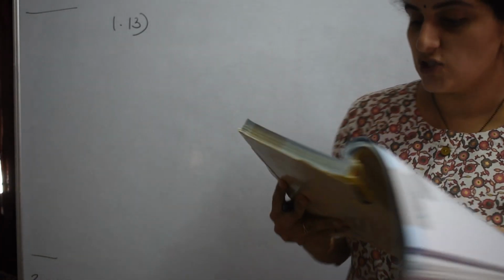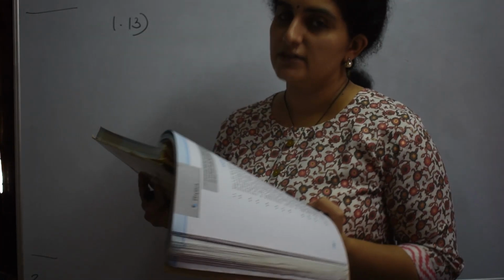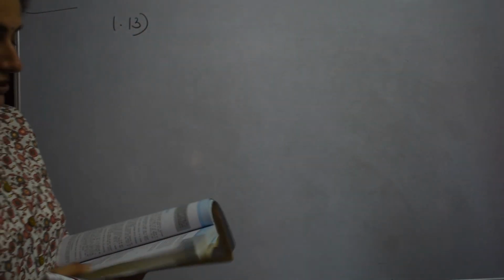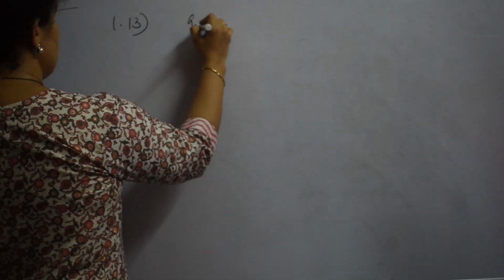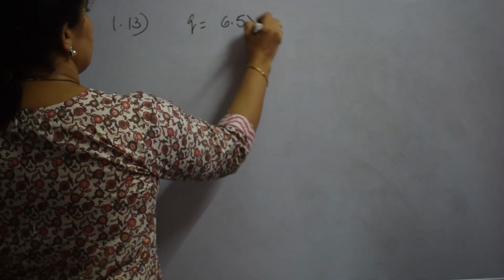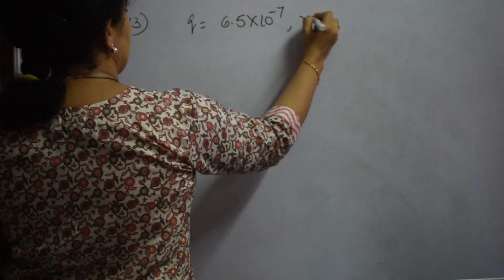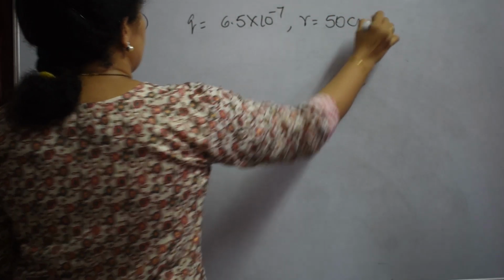A third sphere of the same size but uncharged is brought in contact with the first, then brought in contact with the second, and finally removed from both. So what is the new force of repulsion between A and B? Using exercise 1.12, we have the value of charge Q as 6.5 into 10 to the power minus 7 and distance as 50 centimeter.